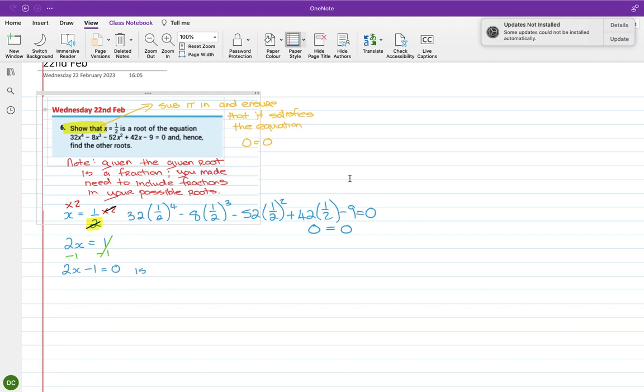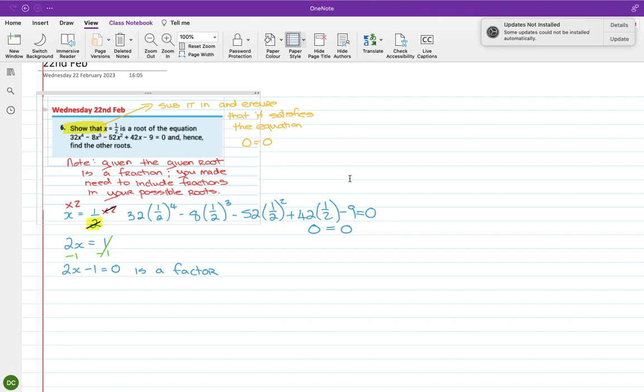And that is one of the factors of this to the power of 4 equation. So the fact that it's to the power of 4, it is going to have 4 roots, 4 factors. So we were given the first root, and I've now turned that into a factor. So I'm going to divide that in.